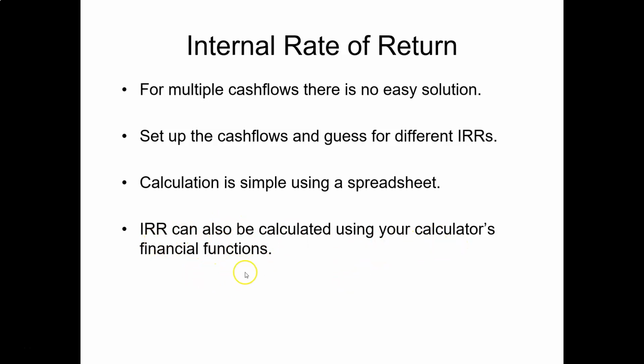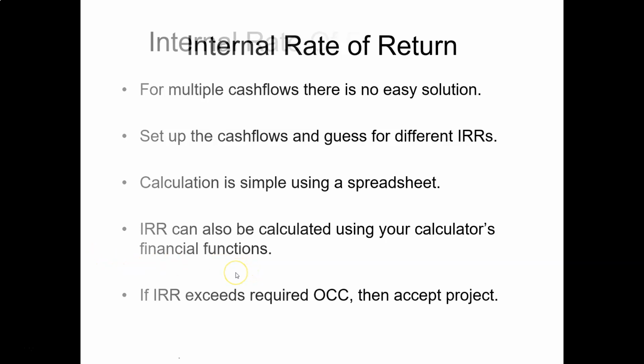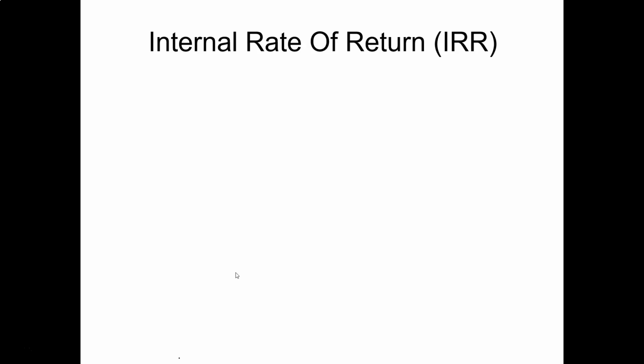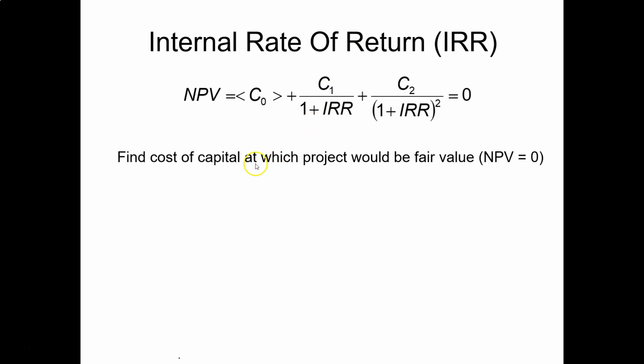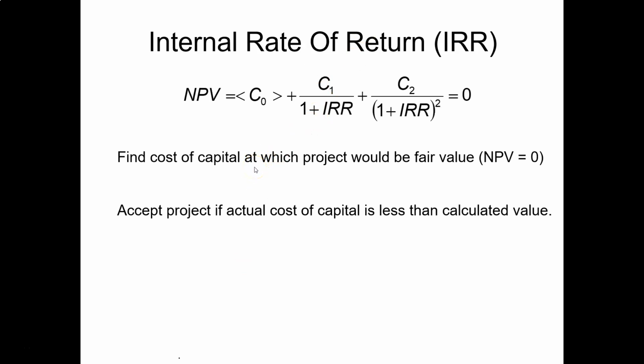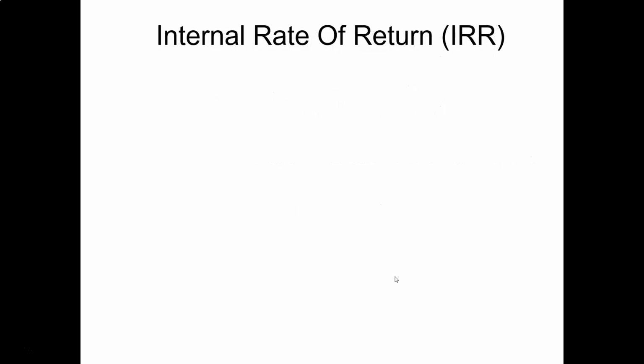Just try different discount rates and find the discount rate that makes your net present value zero. If we find the actual cost of capital, the discount rate, is less than the internal rate of return, then we accept this project.